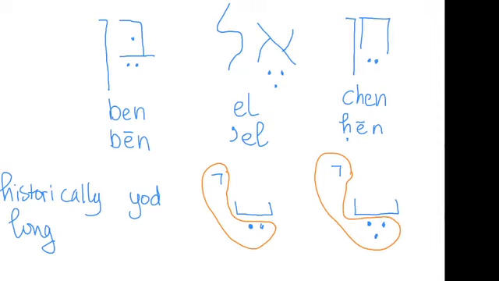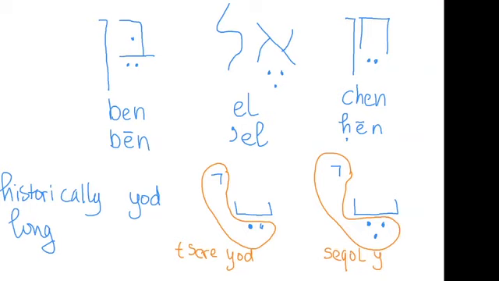Yeah? Wait a minute. This one is called Tsereyut and this one is called Segolyut, and they are both long.